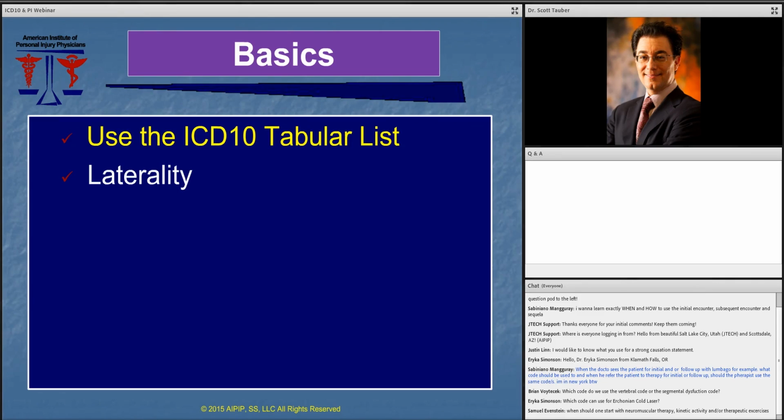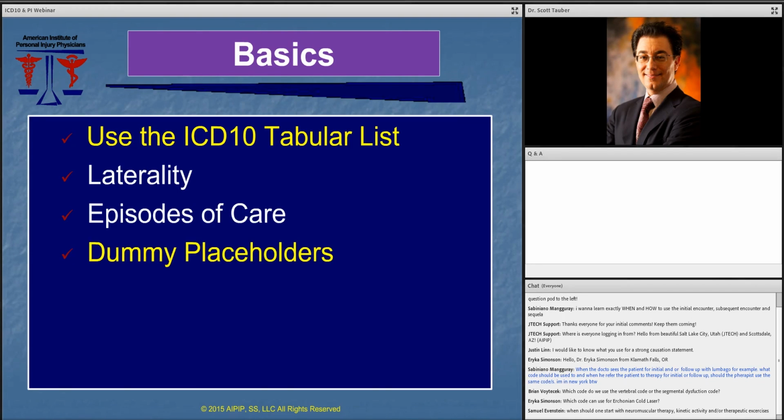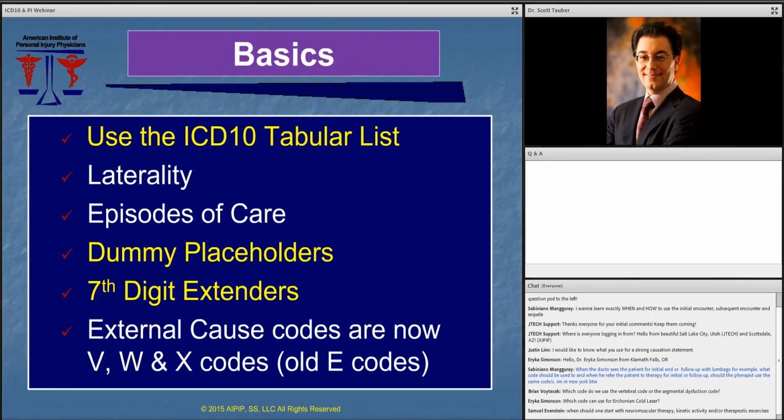There's dummy placeholders there, which wasn't in ICD-9, and there's seventh digit extenders in order to get out to certain codes that do require a 7th digit. And we have the external cause codes, which are the old E codes, like the E812.0 driver of an automobile accident. And this is where a ton of codes are located and where you're going to really get specific if you're doing any personal injury.